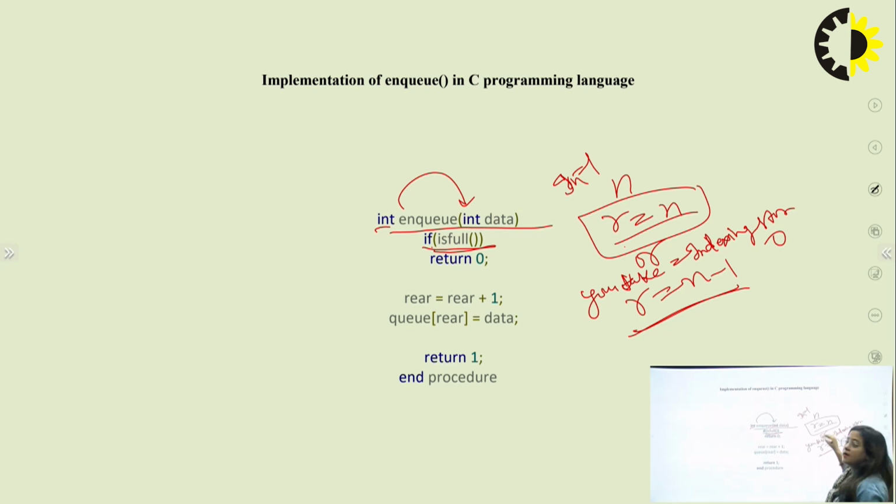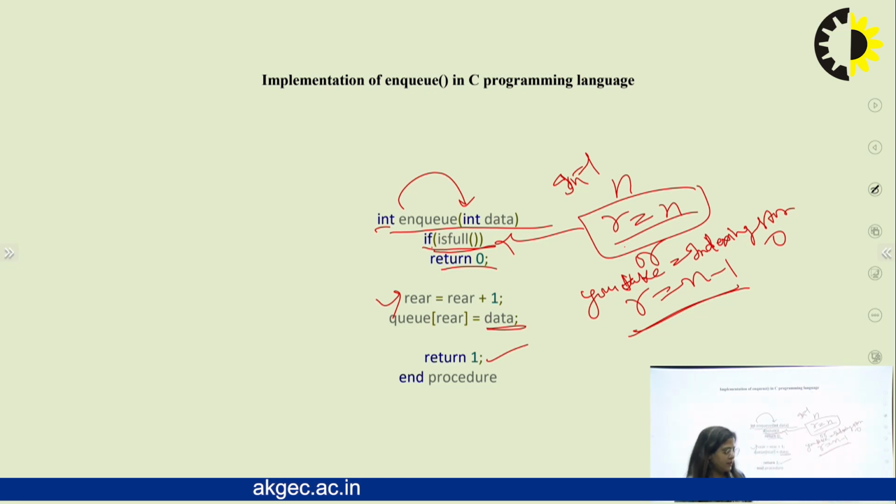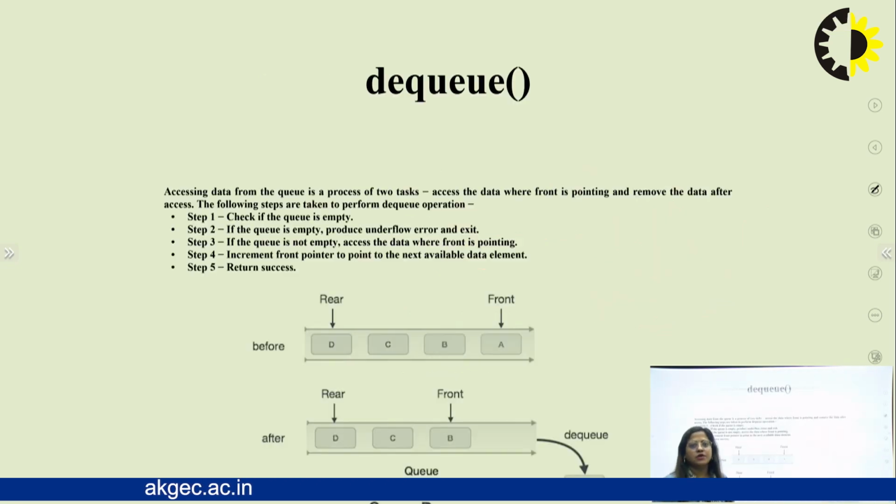When this case occurs, then this function follows: the queue is full and return 0. Otherwise, this condition applies: rear equal to rear plus 1, and at the rear add your data and return 1. So this is the NQ operation implemented in C language.